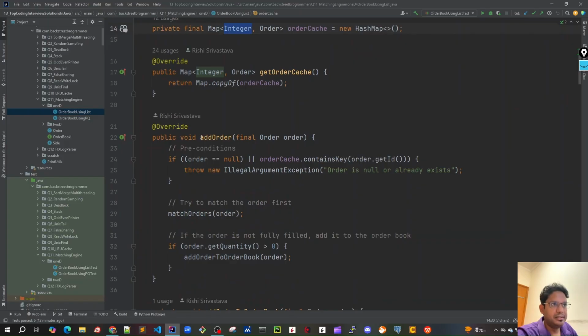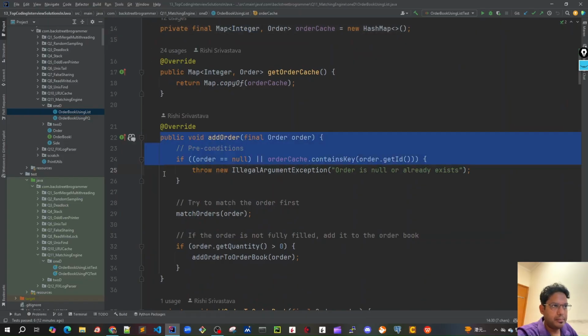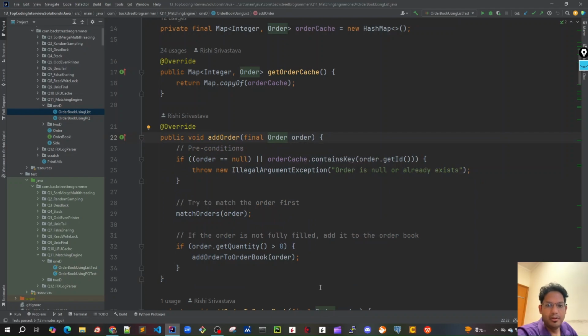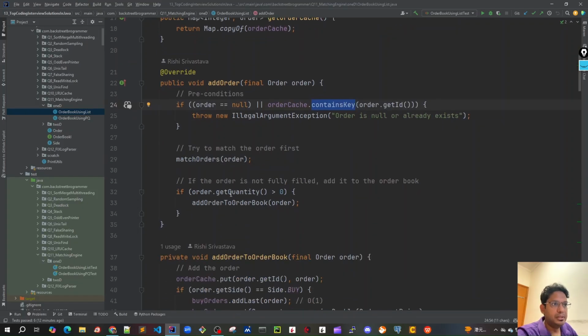Okay, so this is where our add order part is done, in which we receive a new order from the client. First of all, we check the preconditions that the order should not be null and the order cache should not contain the key already. I mean, this order should be unique and always sent for the first time. So instead of adding it straight to the order book, these are the two steps that we just discussed.